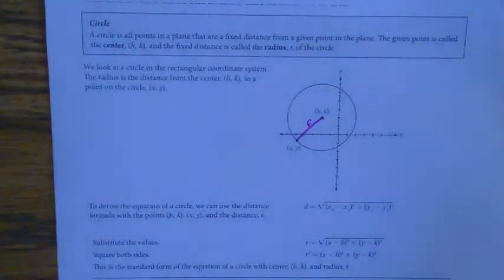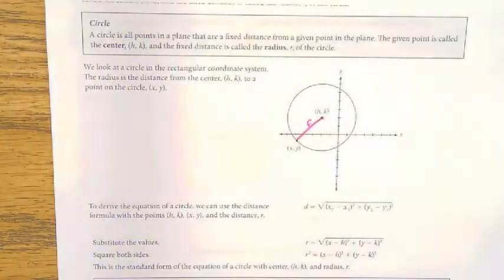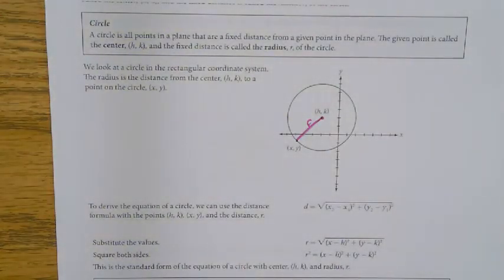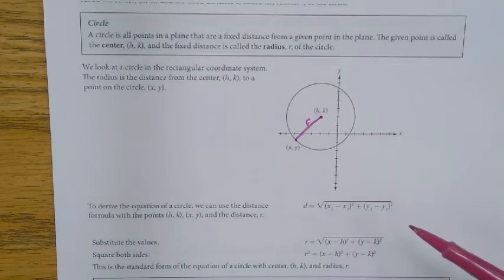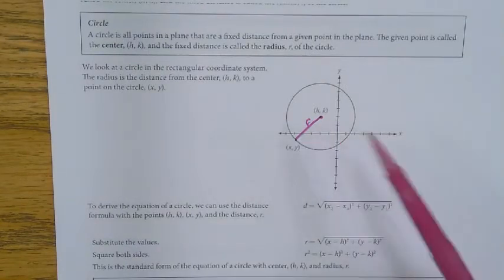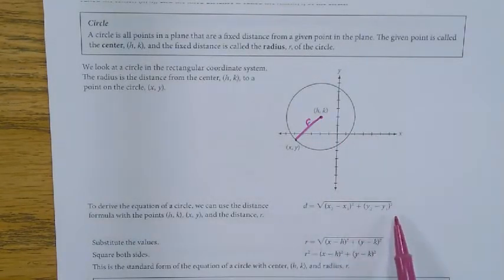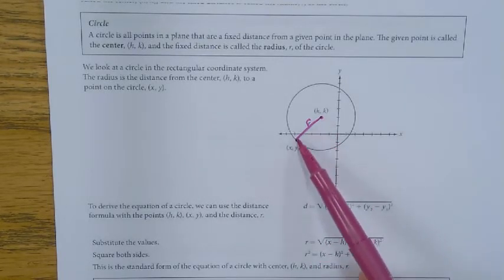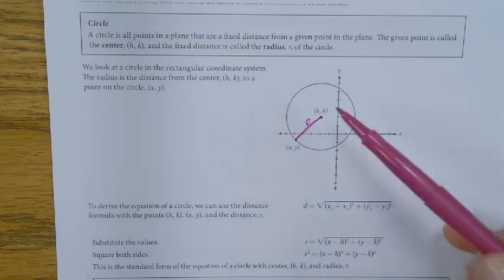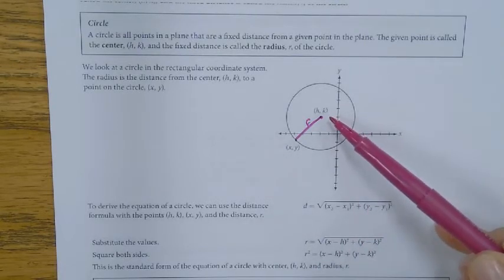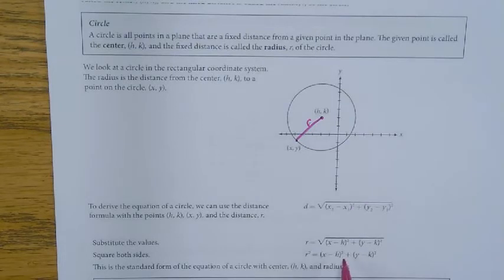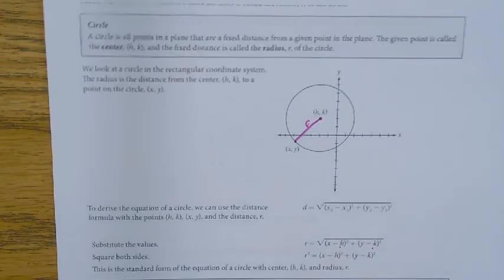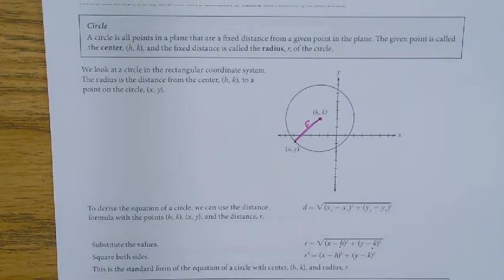And we have the standard form of the equation of a circle. It all comes from finding this distance. So if we take that distance formula and change the D to an R, because we're talking about this length here, and then we change the x1 and y1 to h and k to represent the center.